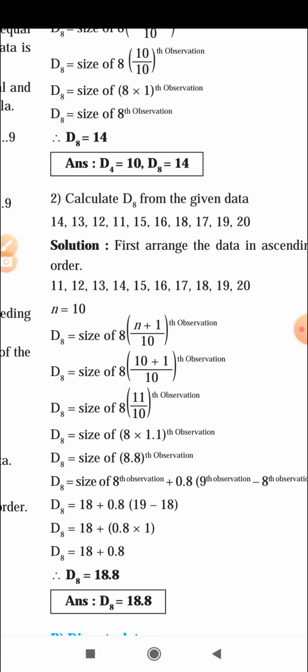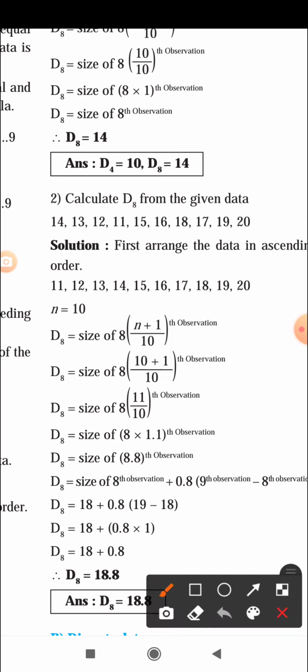Okay, the observations for the calculation we have to take from the data which we already arranged in ascending order.